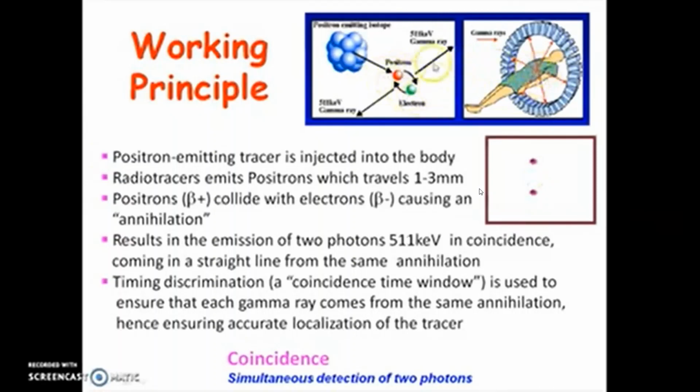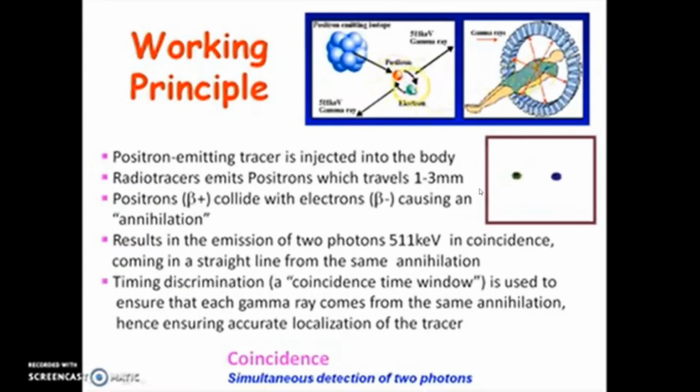Have a look here. This is inside the human system. When we inject the isotope, a positron will be emitted. The positron will travel only 1 or 2 or 3 millimeters maximum. It interacts with a free electron in the human system.